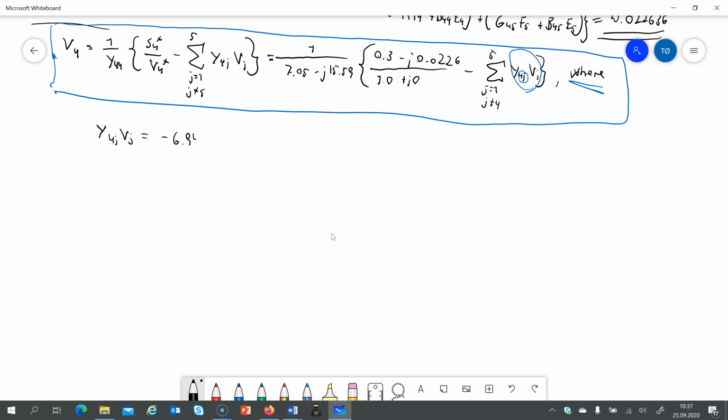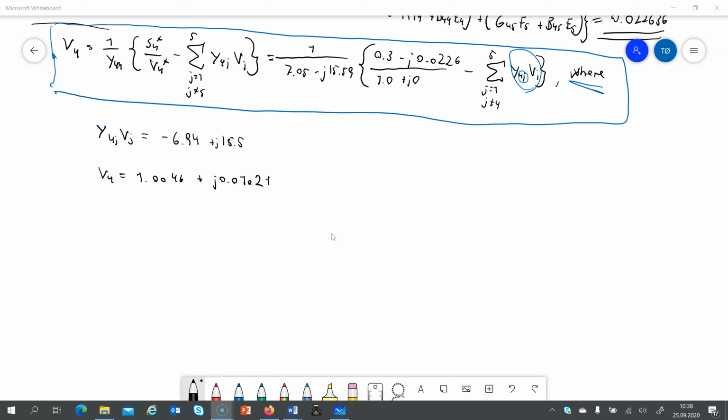You have it in the solution, you can go through there, and plus j15, just try to wrap it up now, 0.5, and then V4 equals 0.0046 plus j0.0102, I think we can write.